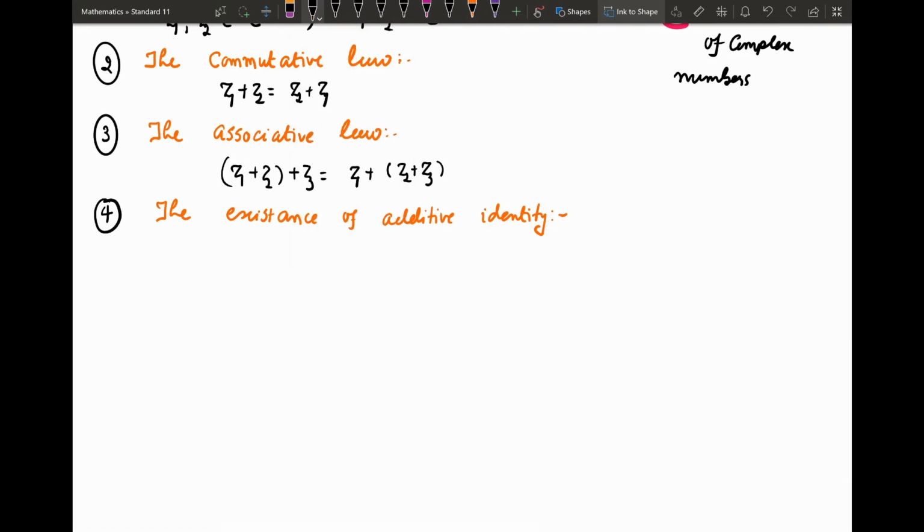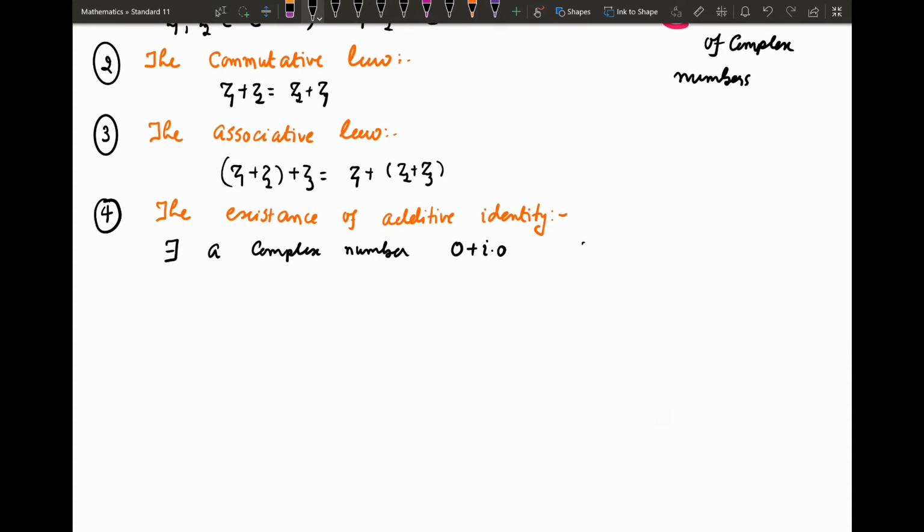The existence of additive identity means there exists a complex number zero, or we can also denote it as 0 plus i into 0.